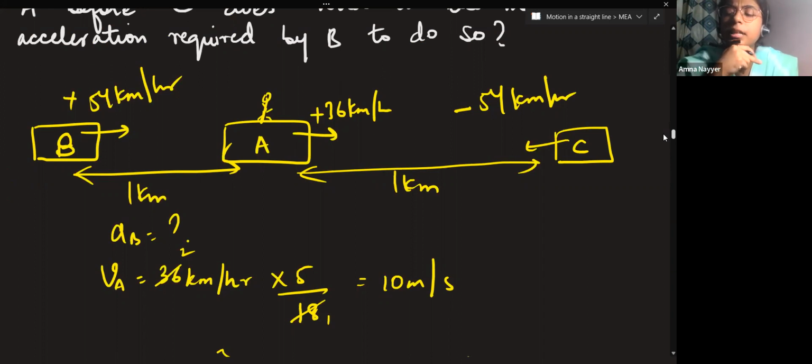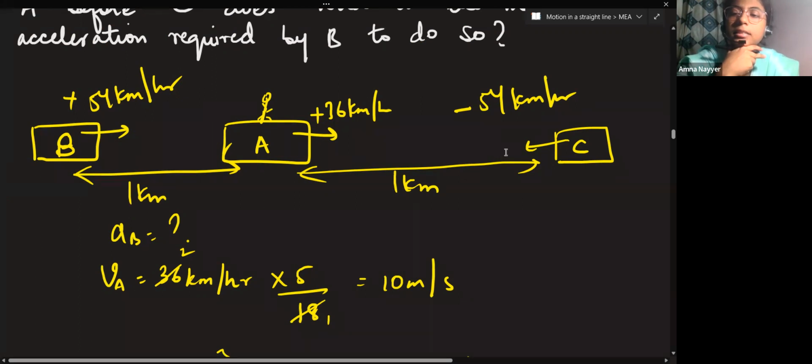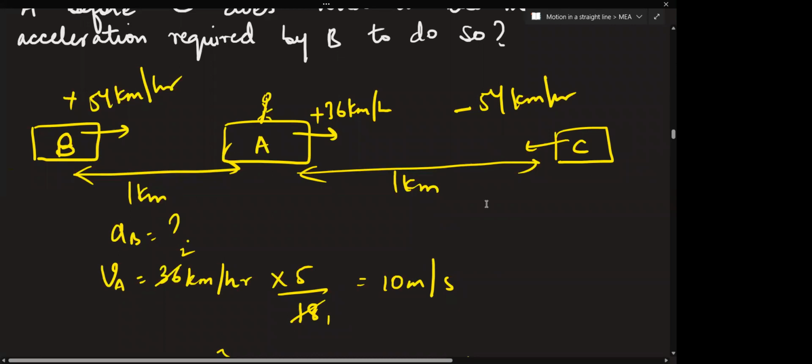Just look at the figure and answer, class. A is this, C is this. What's the separation between them? Aisha? 1 kilometer.